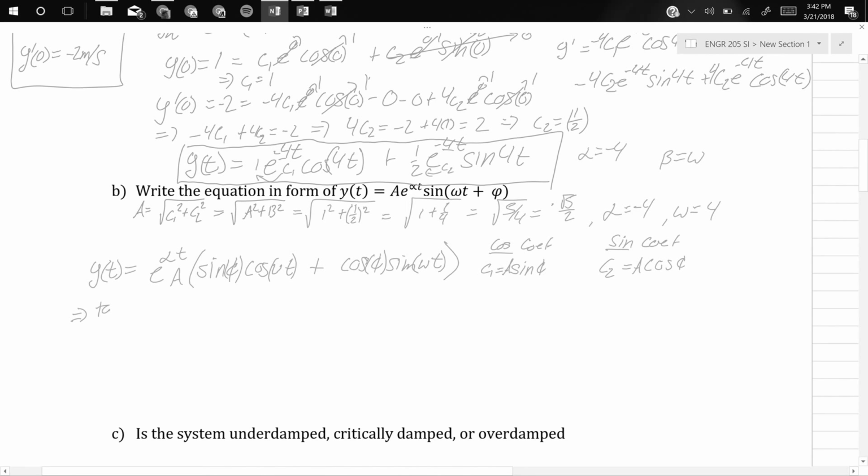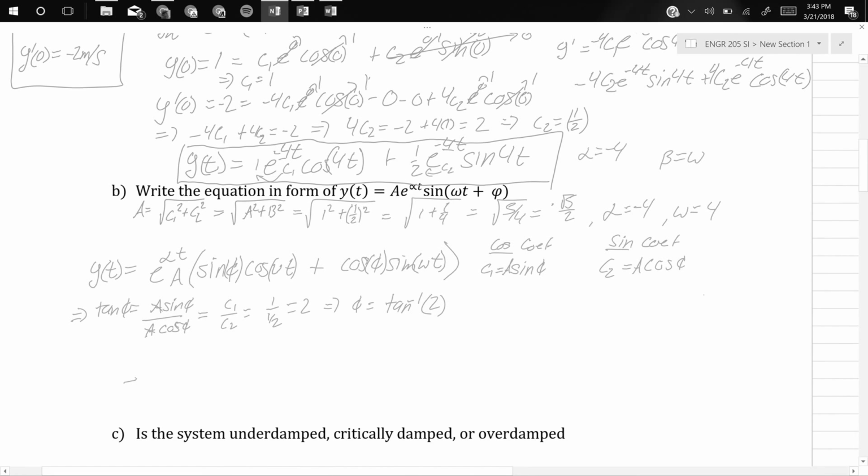We always solve for tangent phi, which equals A sine phi over A cosine phi. Cancel out our A's, and that means it's going to equal C1 over C2, which is 1 over 1/2, which equals 2. And this implies phi equals tangent inverse of 2.